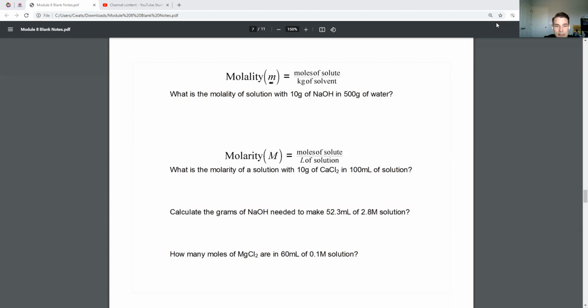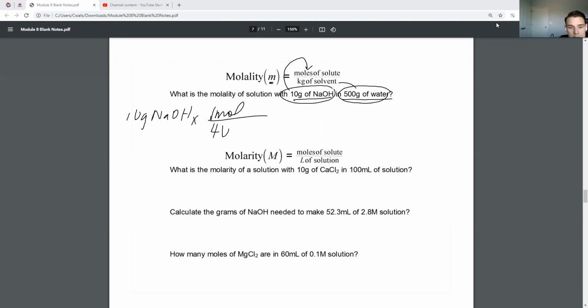So it's asking me what's the molality of the solution with 10 grams of sodium hydroxide and 500 grams of water. Okay, the water is the solvent, the sodium hydroxide is the solute. So I need to take these 10 grams of sodium hydroxide, turn them into moles. 1 mole is 40 grams, and so that will give me 0.25 moles.